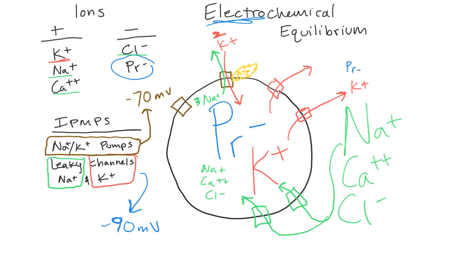Why is it important that it be at negative 70 and not 90? I don't know why certain cells are different, but they are. And these aren't static, so these will change. But this is all we're going to learn for now, because this will give us a base. When we talk about muscle stimulation or neuronal stimulation, we're going to start here, and then we're going to pick up how it changes.